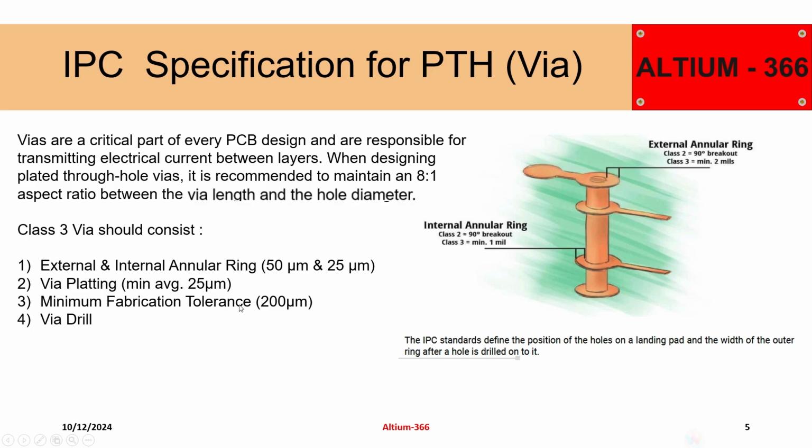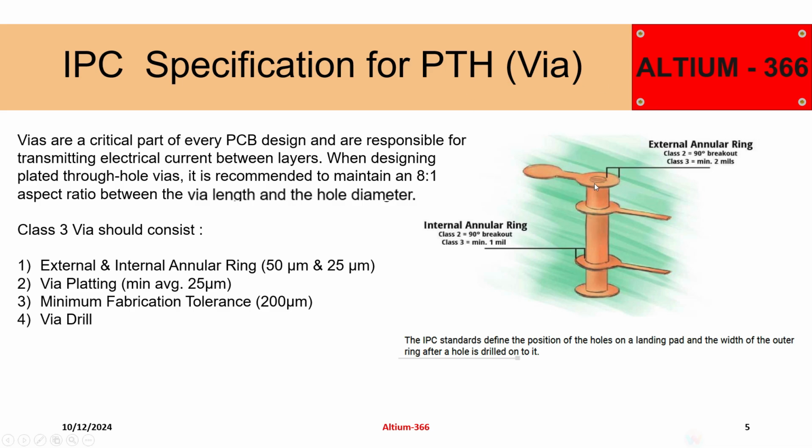Then the minimum fabrication tolerances: while manufacturing, the drill bits are not so precise, or the PCB manufacturer has its own machine tolerances, and it's around 200 micrometer. Then the via drill, which is like 0.3 millimeter or 0.4 millimeter, depending.